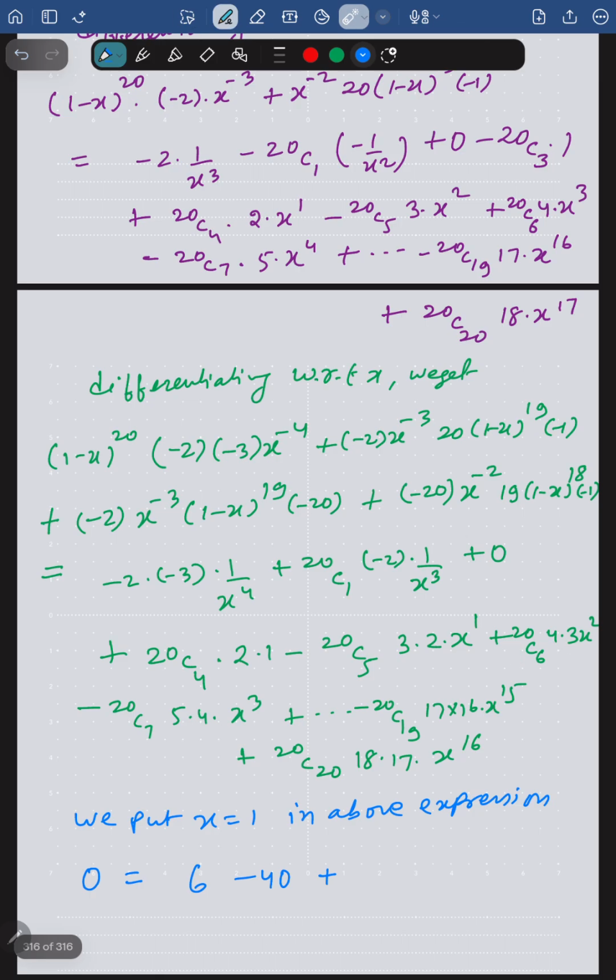So we are just copying the same thing and putting in place of x: 2 into 1 into 20c4 minus 3 into 2 into 20c5 plus 4 into 3 into 20c6 minus 5.